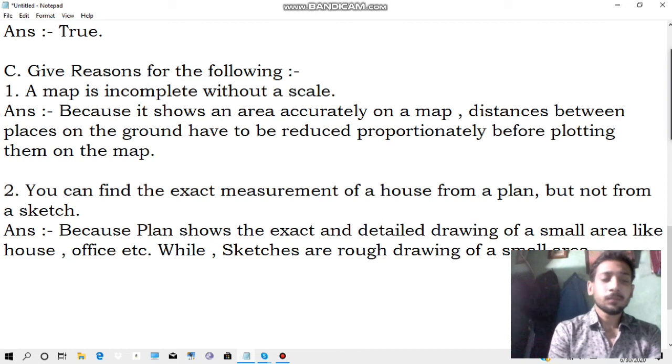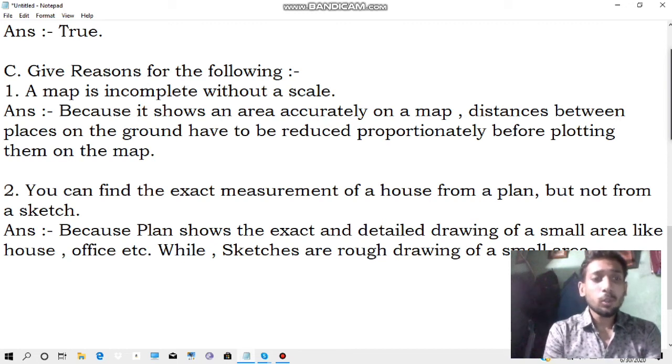Thereafter in number two: you can find the exact measurement of a house from a plan but not from a sketch. Here the question is asking the reason why a plan has an exact measurement but a sketch doesn't. The reason is, plans show the exact and detailed drawing of a small area.